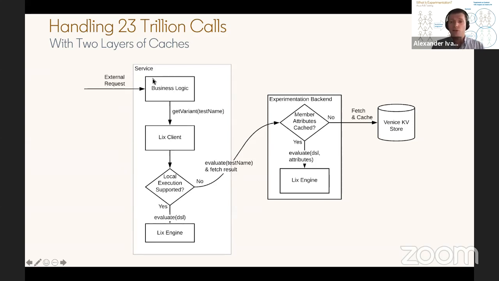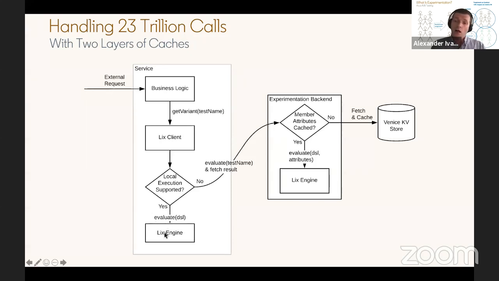Let's say there is a service that has some business logic inside, and when a request comes in, the business logic handles it, and at some point it asks the experimentation client to return the variant name for each corresponding test name and the member ID. The client then has to figure out whether this evaluation can be done locally.